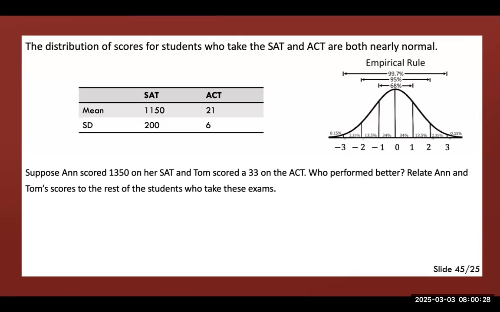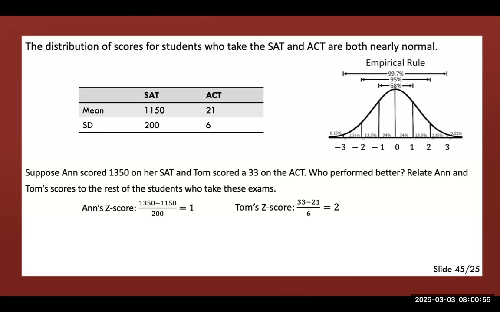So all we have to do is add one standard deviation to the mean to get Anne's score. So her z-score is the number of standard deviations above the mean. It is 1. While Tom's score, if you take 21 and add 6, you get 27, and then you add 6 again, you get 33. So Anne's z-score is 1, while Tom's z-score is 2.